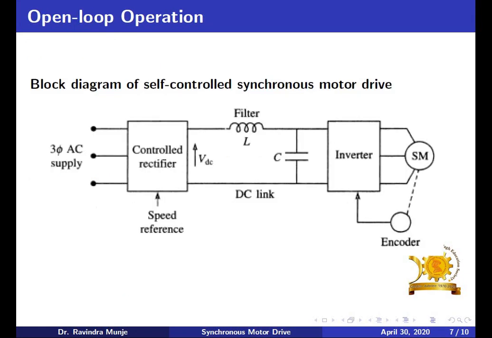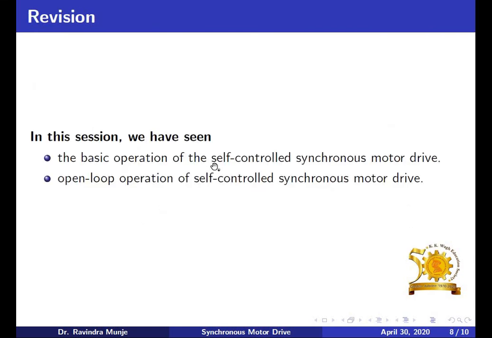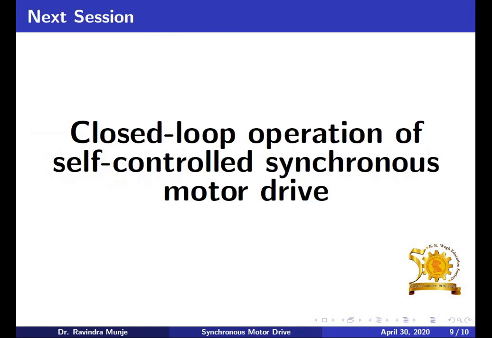After that we have seen the block diagram for self-controlled synchronous motor drive in open loop operation. So in this session we have seen the basic operation and open loop operation of self-controlled synchronous motor drive. Next session we will talk about closed loop operation. Thank you for this session.